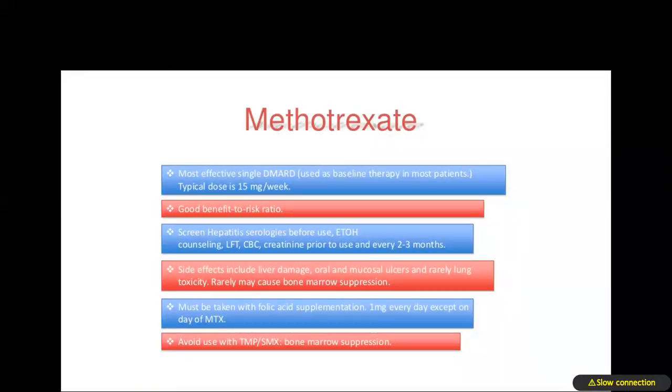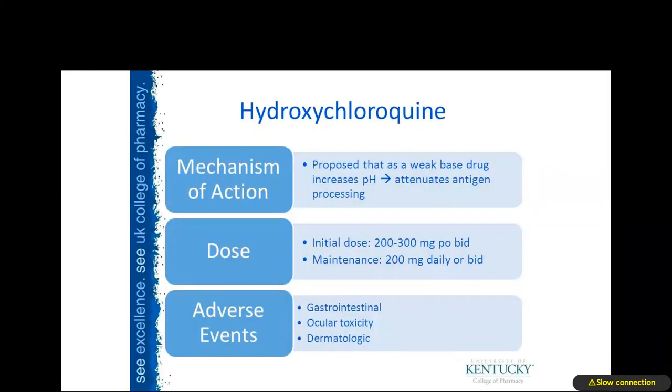Methotrexate, people know. It's the most useful disease modifying drug. Okay, can HCQ be given alone? Let's go back to HCQ. Yes, it can, but in real seropositive rheumatoid arthritis, HCQ may not work as well in the long term. You might have to add on methotrexate.